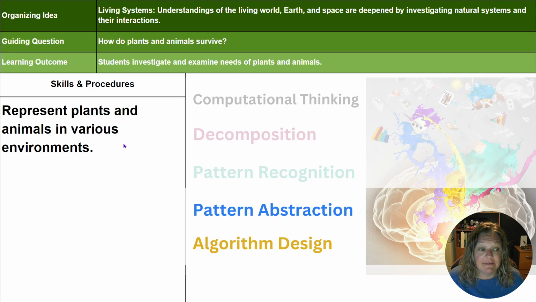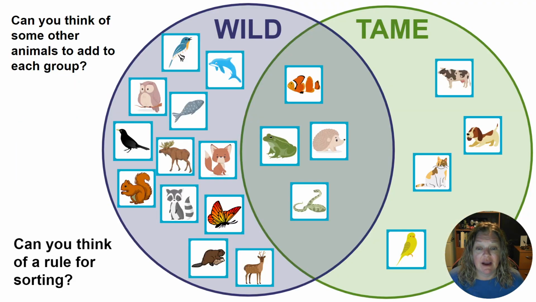With that same representing plants and animals in various environments, we can move into looking at some pattern abstraction and algorithm design when we're covering that as well in a very similar way. So here is another example using the animals where we're sorting into our Venn diagram under the headings of wild and tame.